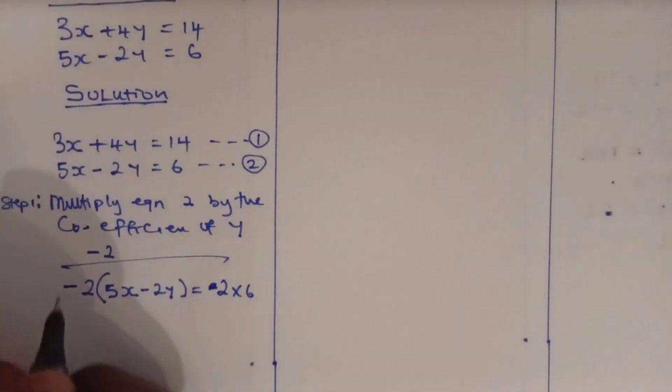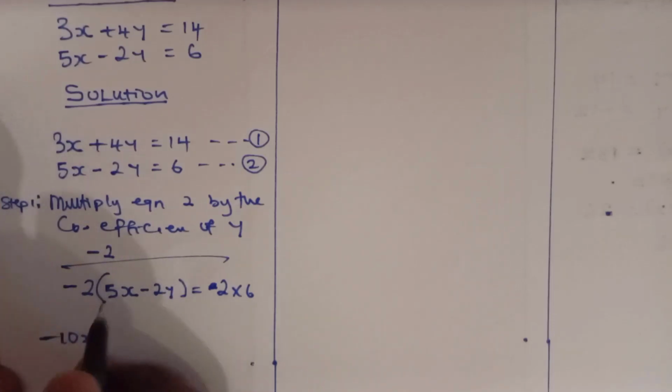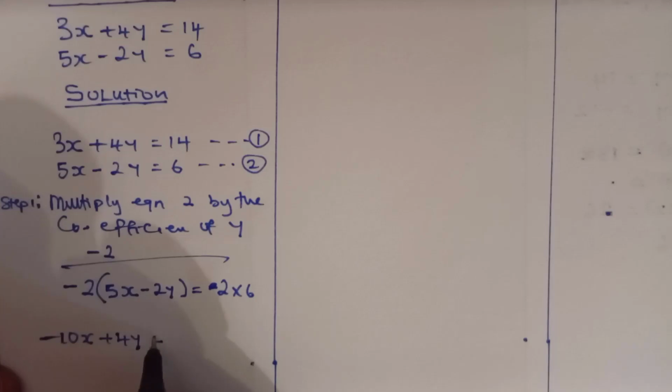So let's open this bracket. We have that minus 2 times 5 is going to give us minus 10x. And minus 2 times minus 2y is going to give us plus 4y. And minus 2 times 6 is going to give us minus 12. Correct?